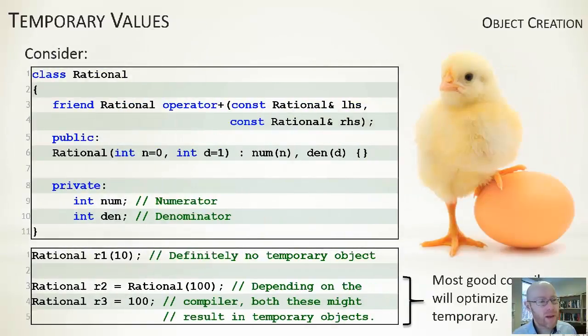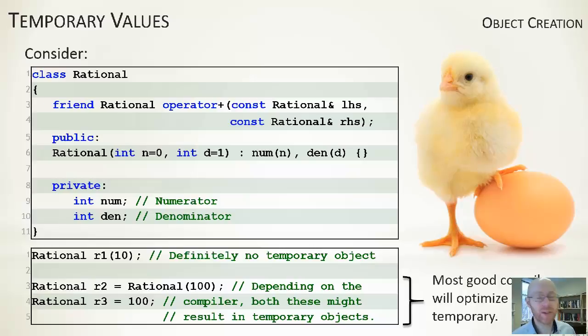So here we have a class, and down at the bottom we've got 3 examples of creating an instance of that class. And one of them definitely will not create a temporary object. The other 2 may create a temporary object, but in a good compiler they wouldn't. So we'll see this. Just have a look at the class first of all.